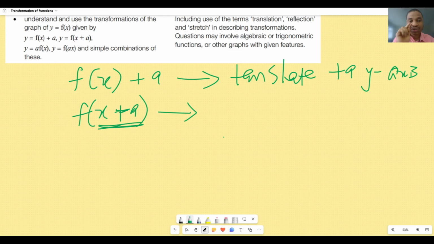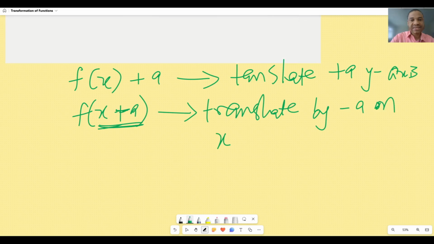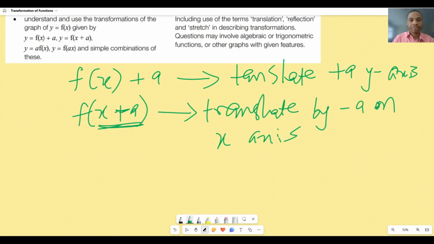So you translate by minus a on the x-axis. If it is minus, plus. If it is plus, minus.